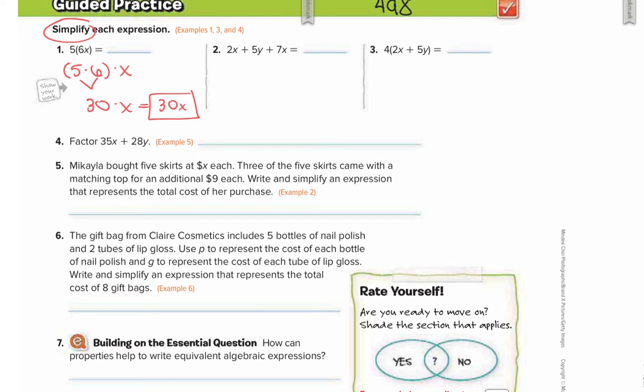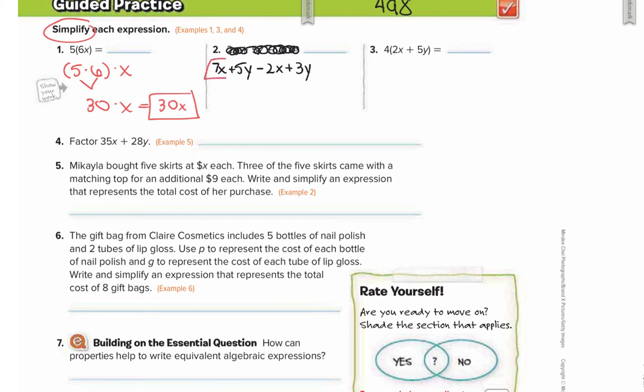Okay, number 2, we're actually going to change number 2, so let's cross it out. We're going to make it 7x plus 5y minus 2x plus 3y. So when we want to simplify an expression, we have to look for like terms. So anything with the same letters are like terms.